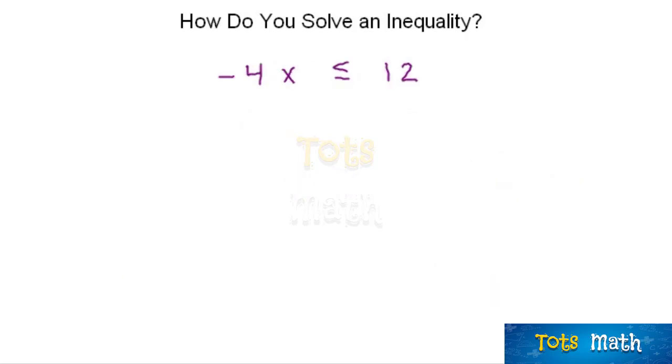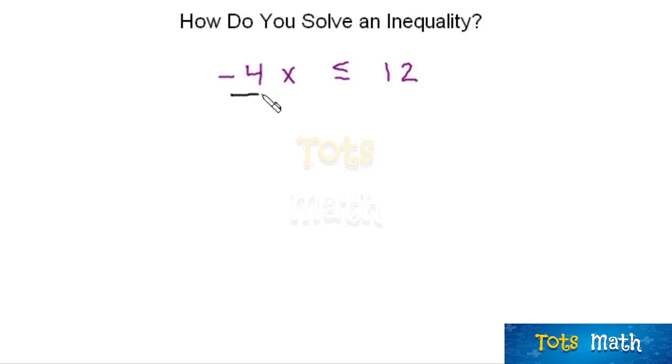Let's try another example. This time we have negative 4 times x is less than or equal to 12. Our goal once again is to isolate x, or get x by itself. Right now we're multiplying x by negative 4, so we need to divide each side of the equation by negative 4.